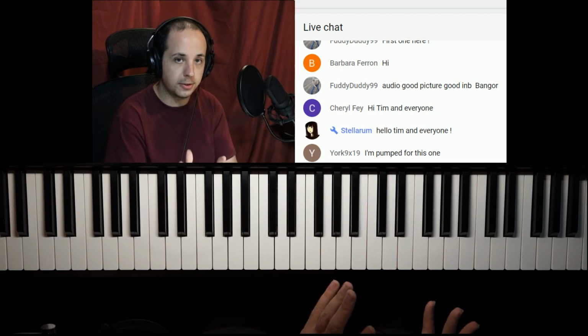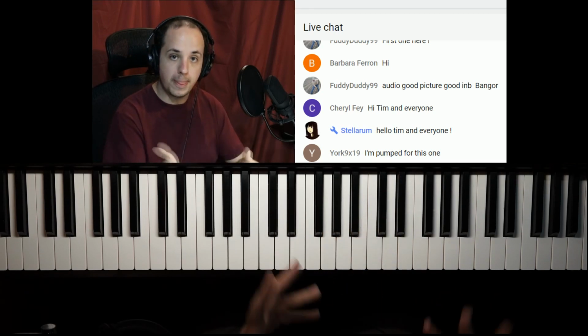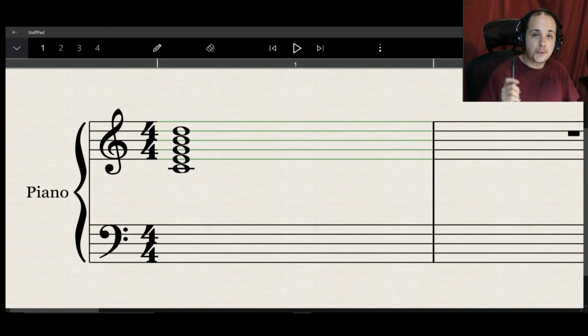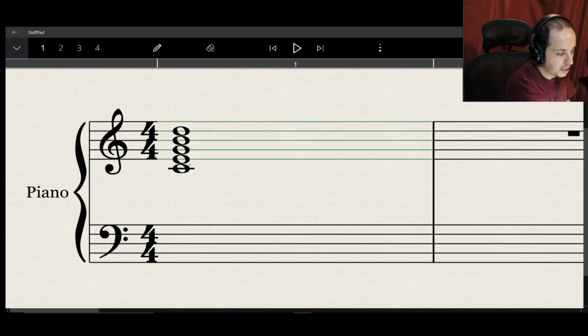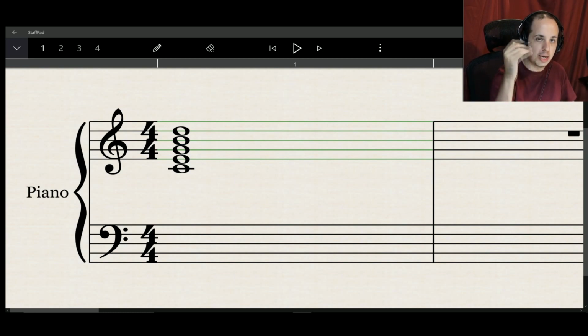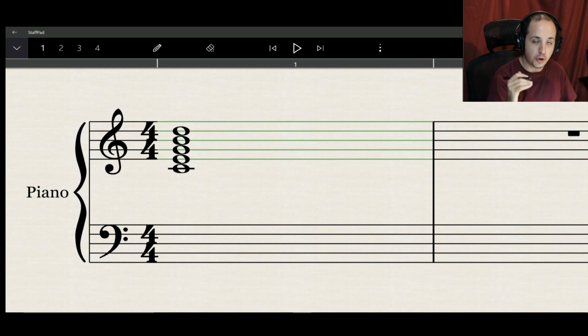Let me show you what that looks like on the sheet music. Okay, this is what a 9th looks like on the sheet music. So again, I'm just going to go over them on the sheet music here. You have the root, the 3rd, 5th, 7th, and 9th. As you may know, every time you go up a line or up a space, you're actually skipping every other note.